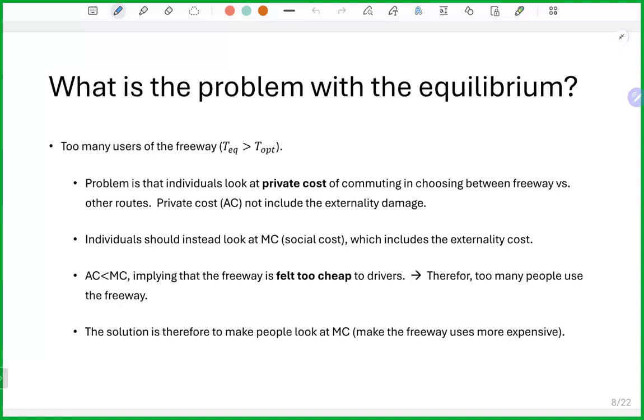Because you don't care about externality, I made you care about externality by requiring that you pay the externality cost. In other words, I make you internalize the externality cost. Externality is external, but I want you to internalize it. So you pay for the congestion.